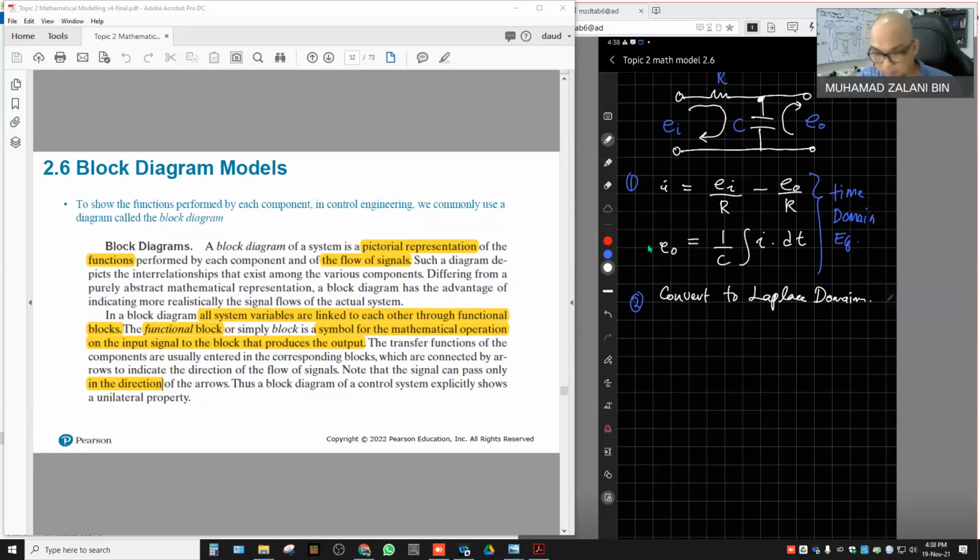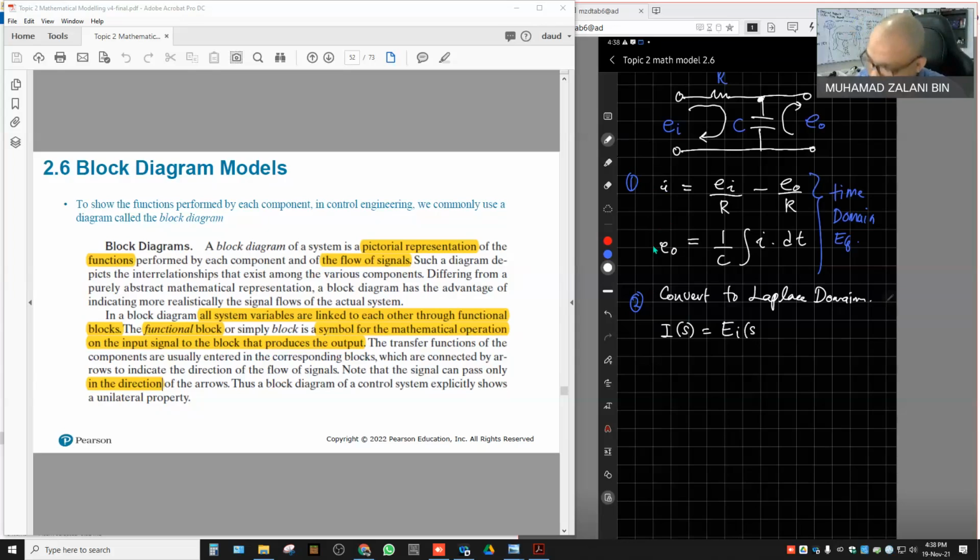Make sure that you convert the notation from lowercase i to uppercase I.